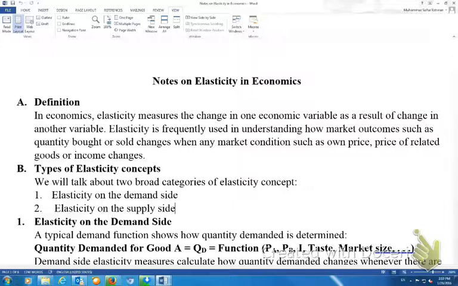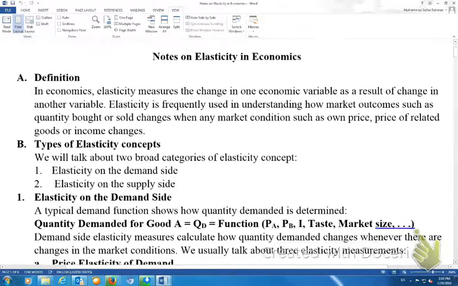Our discussion today will be mainly confined to the model of market demand and supply. Therefore, we are going to look at the concept of elasticity on the demand side and on the supply side of the market model. So let us continue our discussion.